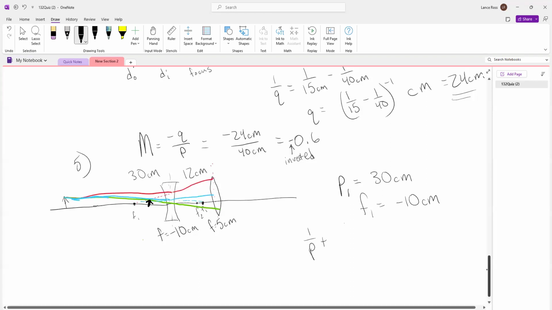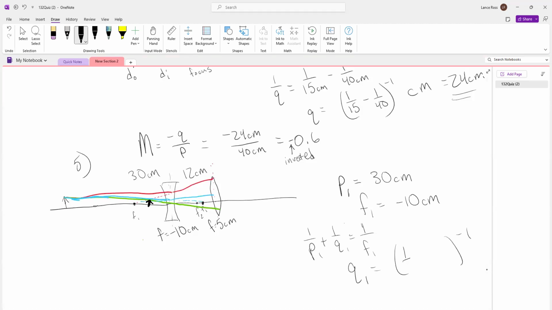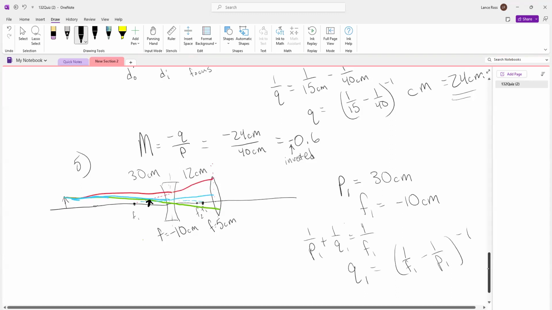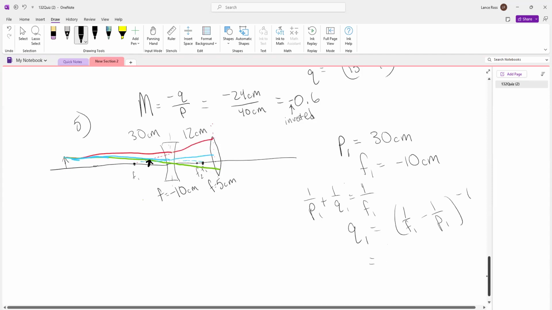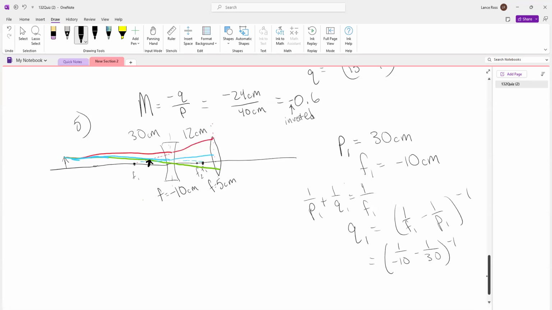Then 1 over P plus 1 over Q equals, not plus, 1 over F. We get a value of Q that's the inverse of 1 over F minus 1 over P. So 1 over negative 10 minus 1 over 30, and then take the inverse, and that's in centimeters.